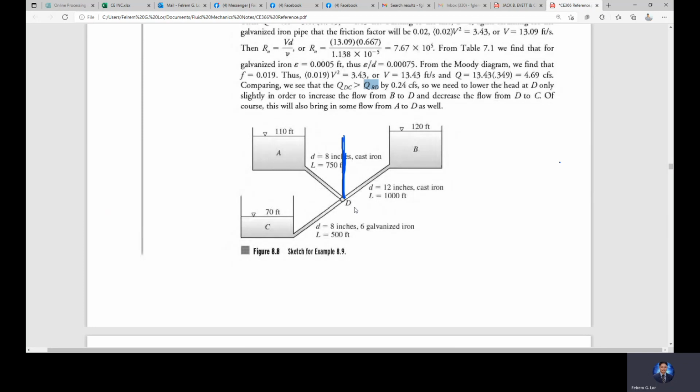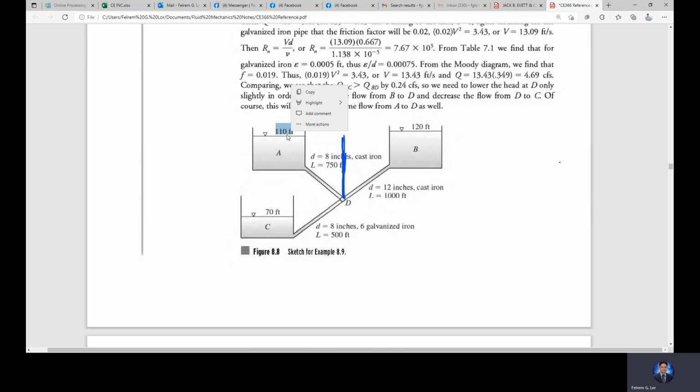Mas dako siya. So maunsa man ni ron kung mas dako ang value sa pipe C. Ang mahitaboan ni mas ubos ni siya. The elevation of this one must be slightly lower than 110 feet. So it should not be above 110 feet.